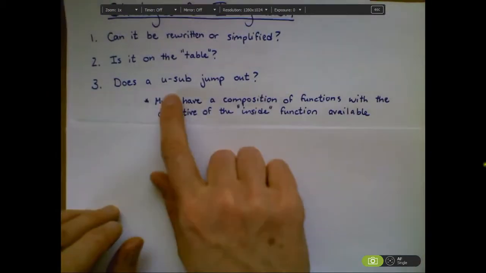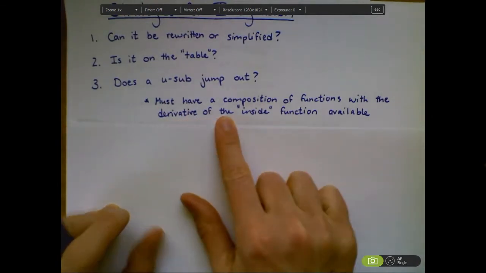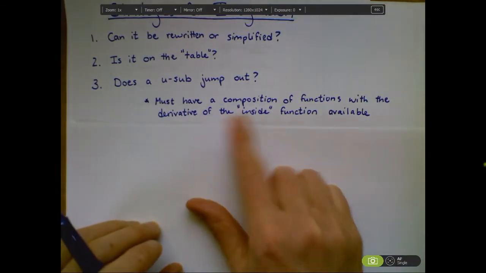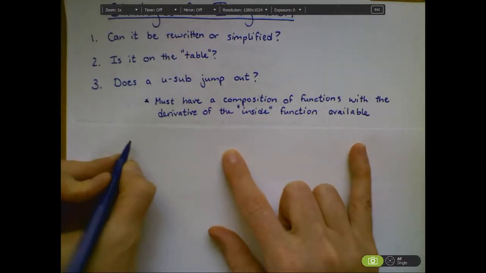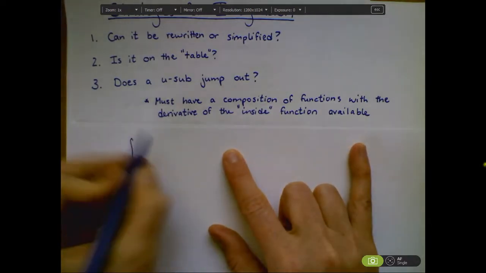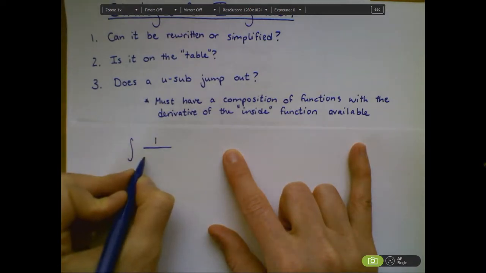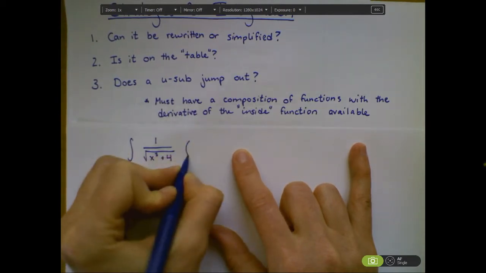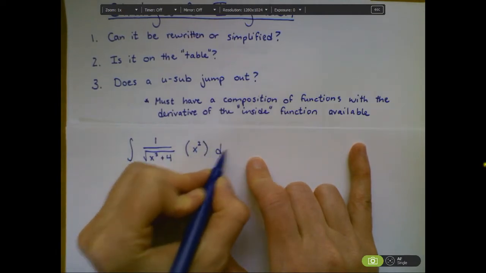That's one of our go-to techniques. In order to use a u substitution, you need to make sure that you have a composition of functions, so a function within a function, and the derivative of the inside function is somehow available. A classic example would be 1 over the square root of x cubed plus 4, all times x squared dx.